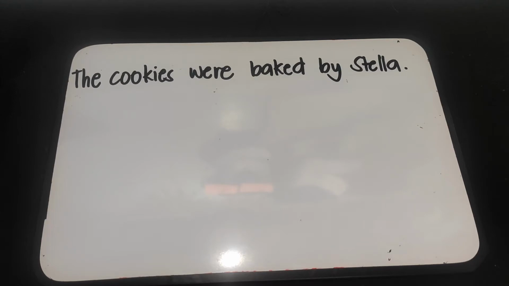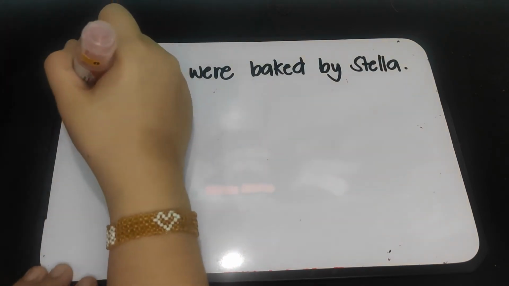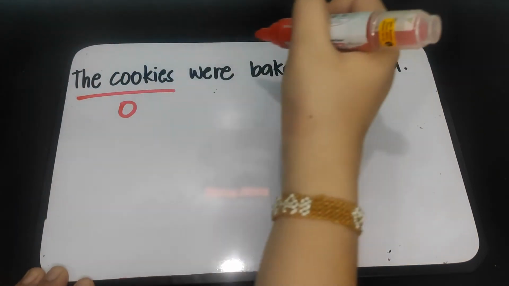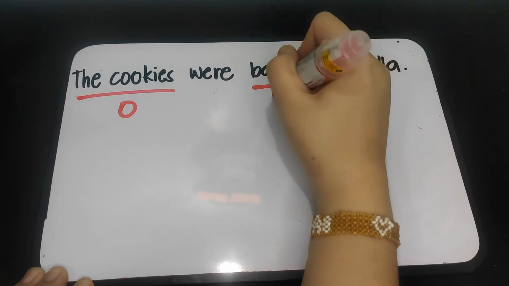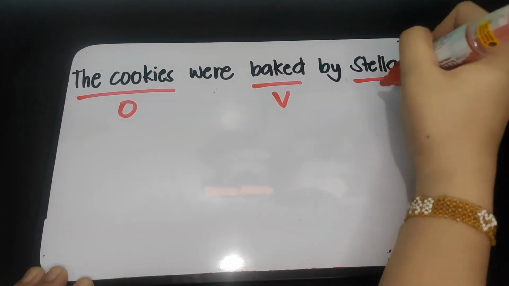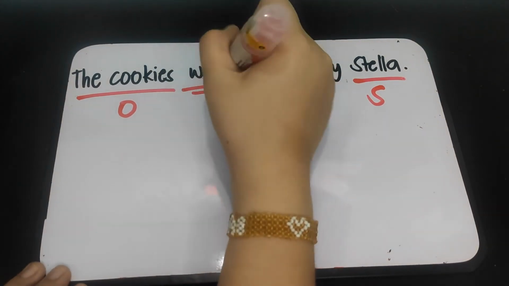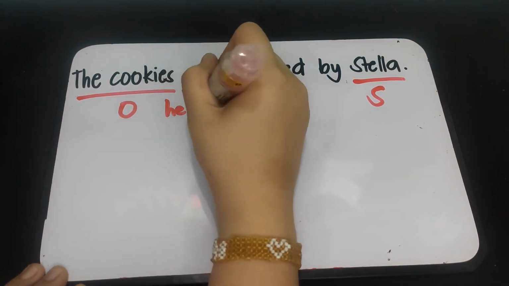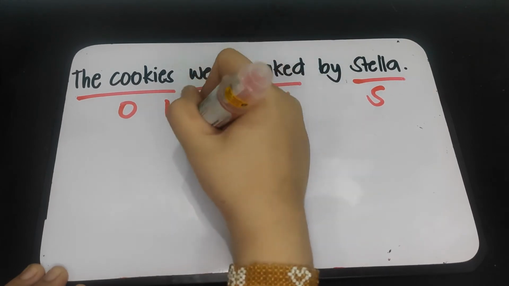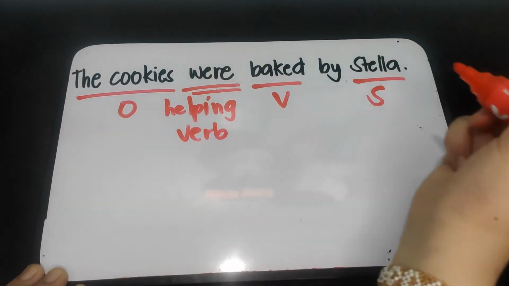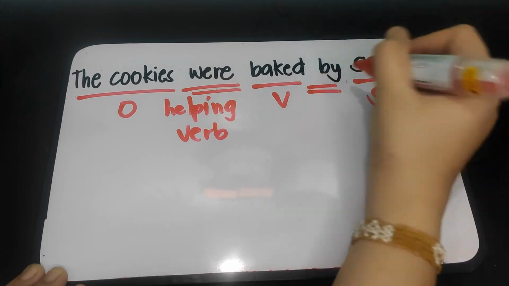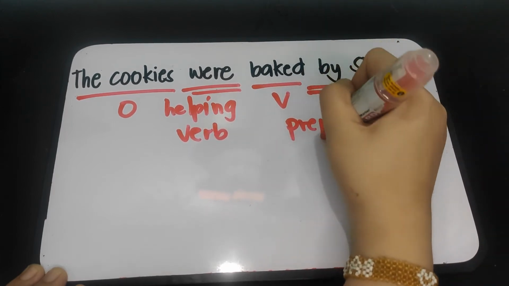Let us analyze the given example. We have here the cookies, our object, baked, our verb, and Stella, our subject. However, we inserted a helping verb, were, and the preposition by to complete the sentence.